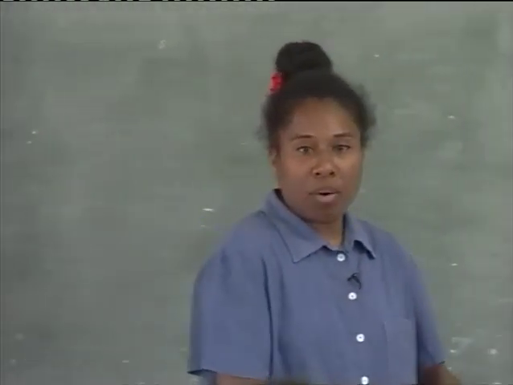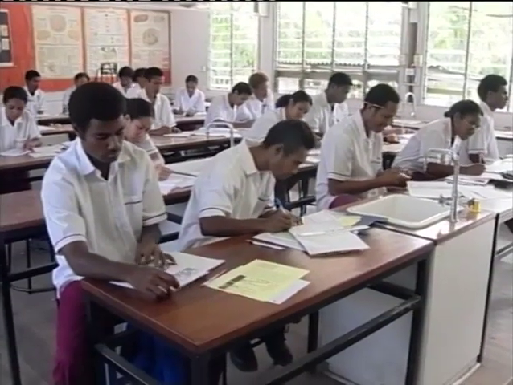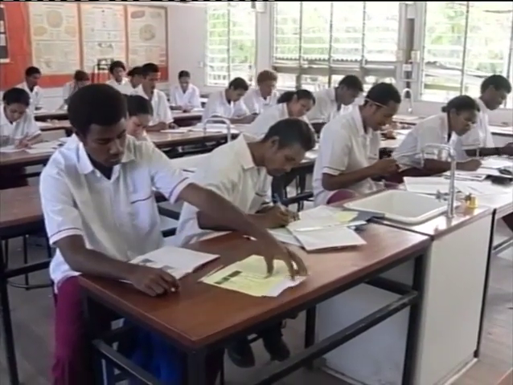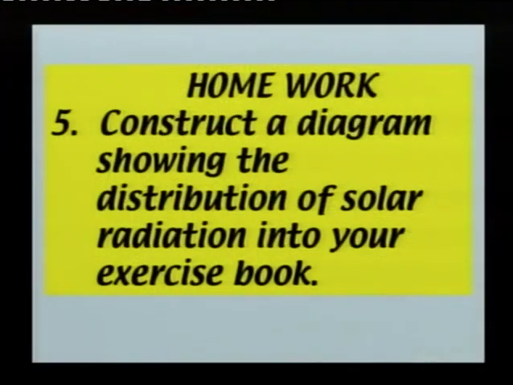Okay, your homework now. I'd like you to make note of it. For your homework, to finish off the work on solar radiation, you will be required to construct a diagram into your exercise book showing the distribution of solar radiation. We have looked at 3 possible diagrams.